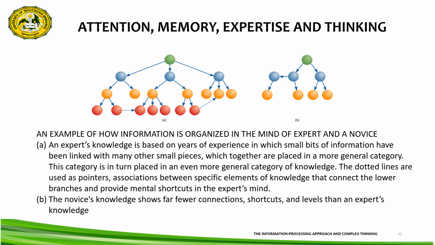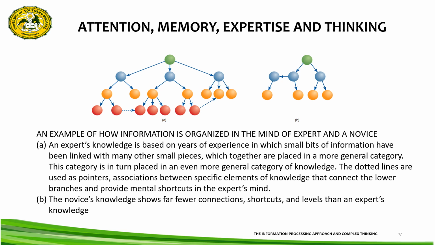For letter A, it is the expert's knowledge. It's based on years of experience in which small bits of information have been linked with many other small pieces, which together are placed in a more general category. Now, this category is in turn placed in an even more general category of knowledge.